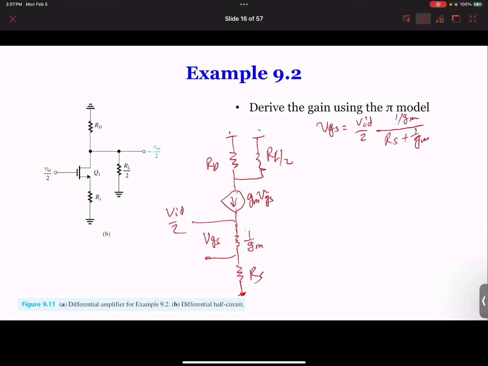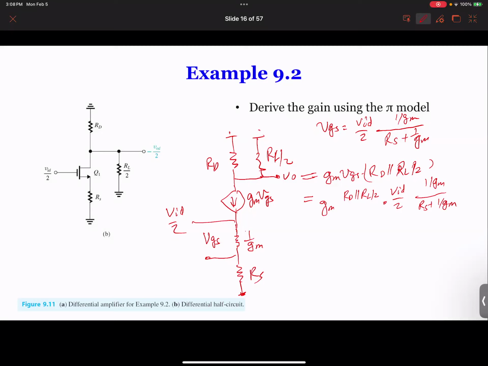So now your output VO is going to be GM times VGS times RD in parallel with RL over 2. Now we replace VGS. So this becomes GM times RD in parallel with RL over 2, and then times VGS, and VGS is VID times 1 over GM over RS plus 1 over GM.